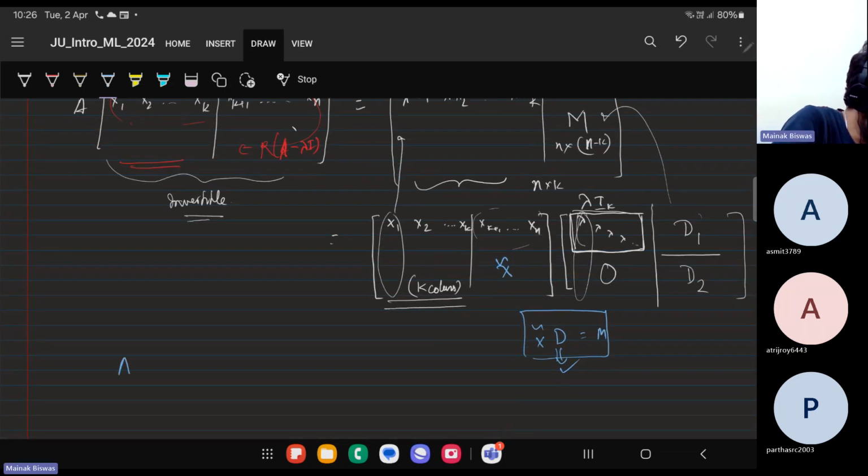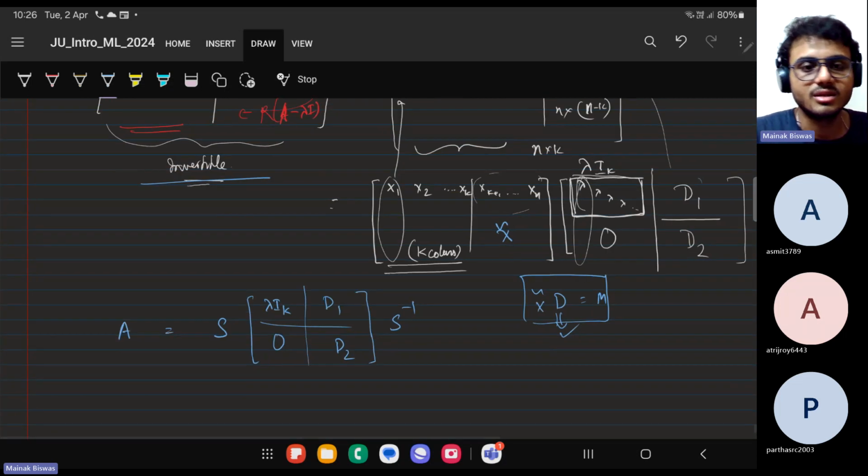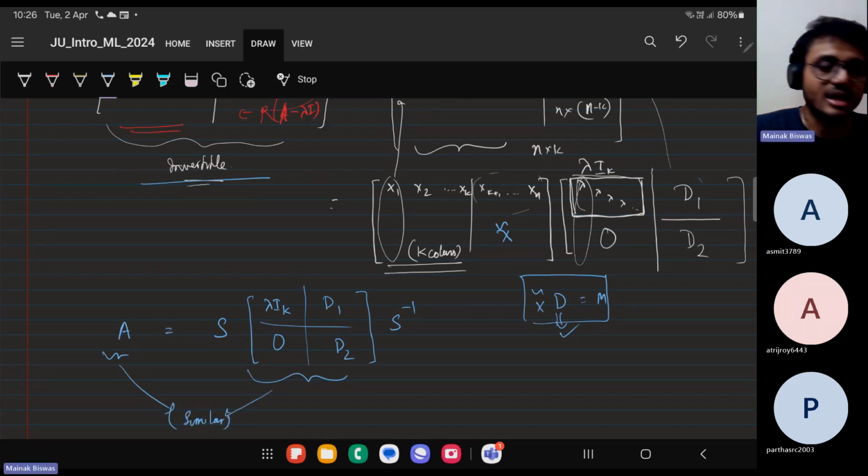So now can I write a matrix S is equal to Ik, D1, D2, 0? What do I get? This matrix and A are similar, right? Agreed?